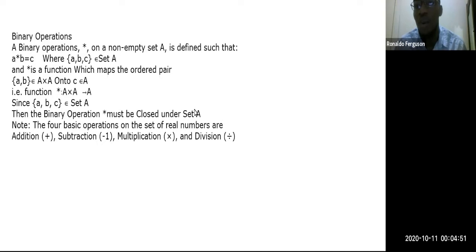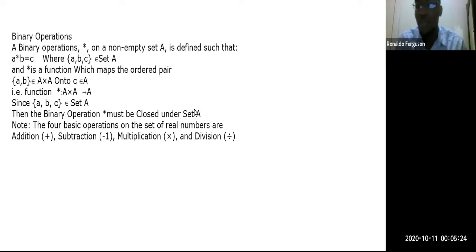Now I can have an operation defined as A star B is equal to 2A plus 2B divided by 2Z. So that's a lot of operations taking place right there. All of those operations come together to form one operation. This operation is known as a binary operator.